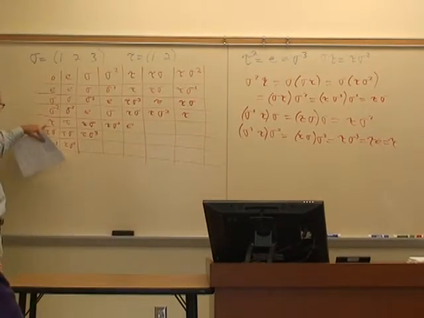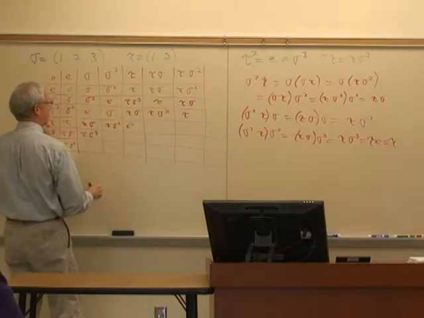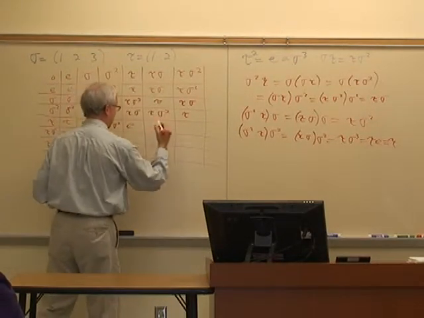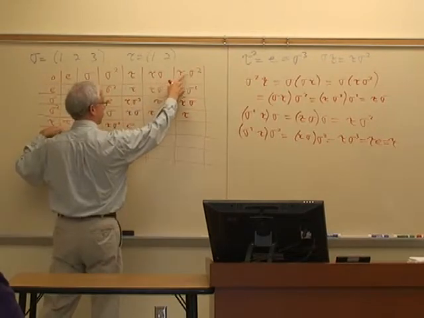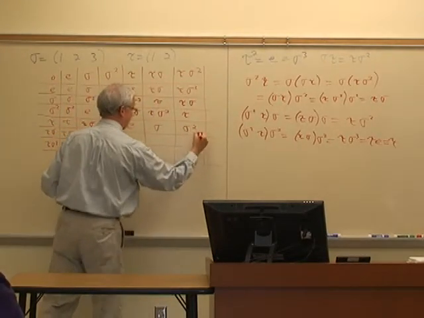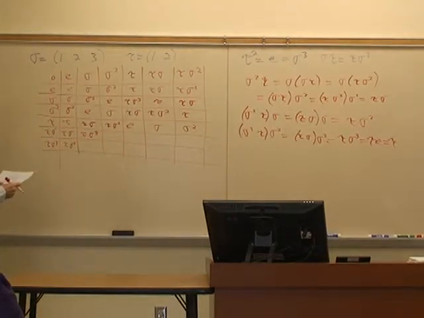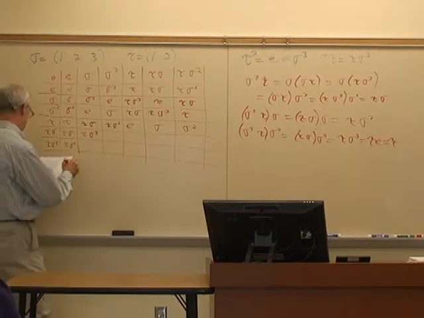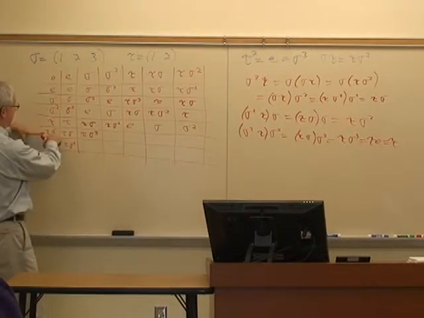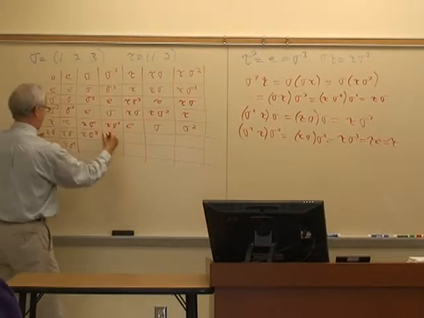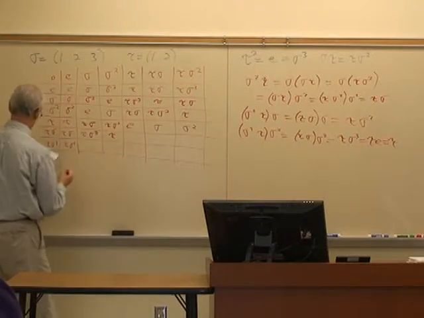And then tau times tau sigma, that's easy. That's tau squared sigma is sigma. And again, tau times tau is tau squared times sigma squared is sigma squared, so that one's easy. And then tau sigma times sigma squared is tau sigma cubed.